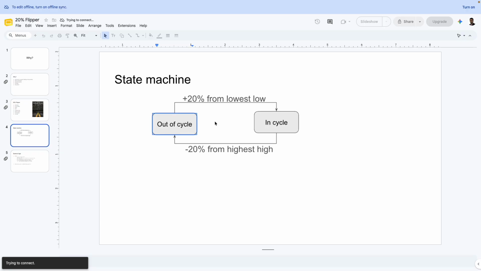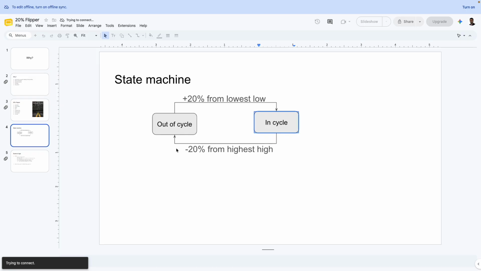When it is out of cycle, I'm looking for the stock to bounce 20% from the lowest low. And if it does, I go in cycle, I buy it. Not that I will buy it, but I will consider it is in cycle. It has given me a buy signal, irrespective of whether I buy it or not. Once it has given the buy signal, I need to record the highest highs.